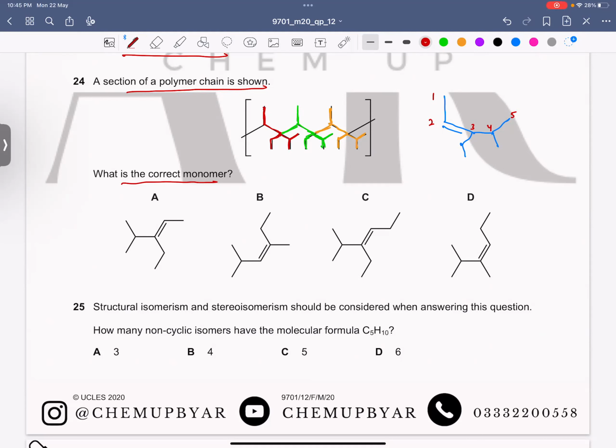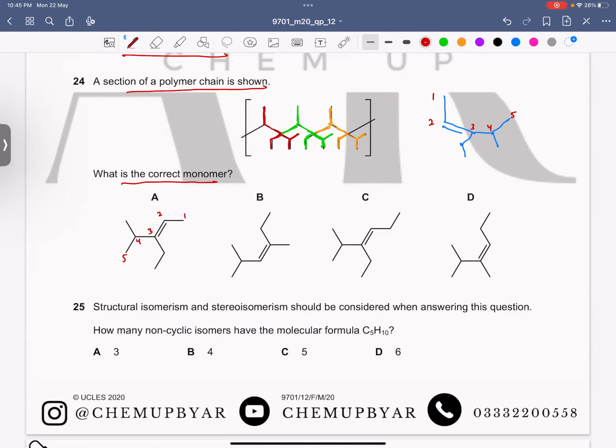If I start from here, 1, 2, 3, 4, and 5th. See, aren't they both resembling each other? The second carbon has a double bond, the third carbon has a branch of two carbons, the fourth carbon has one branch, and then there is a fifth carbon.